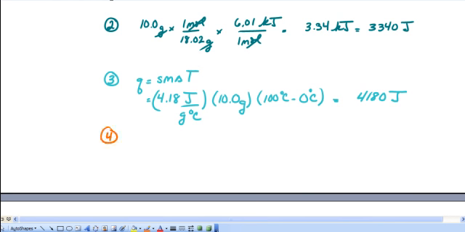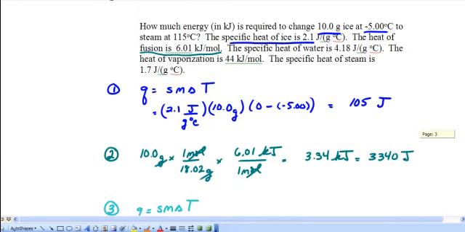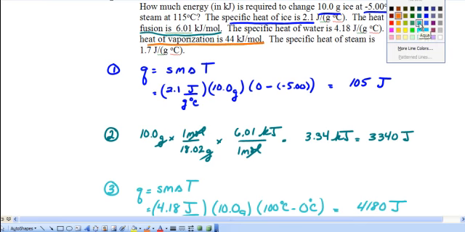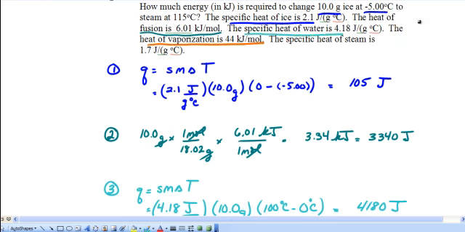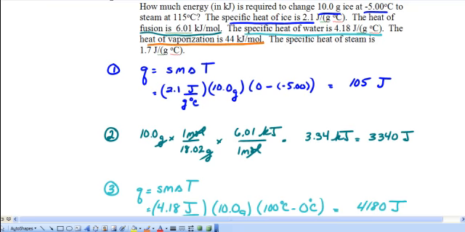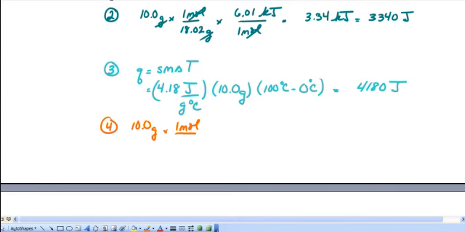Step 4, we have 10 grams of water. We're going to change it into moles. Why? Well, because again, when we're changing phases, they like to give it as a per mole type of quantity. The previous one was done on a per gram basis. Again, that's their decision, not mine, but you can still do the calculation. So we have 18.02 grams per mole. The grams divide out.